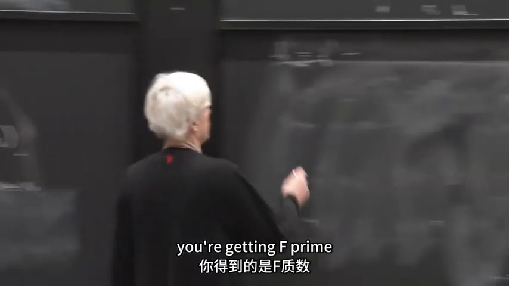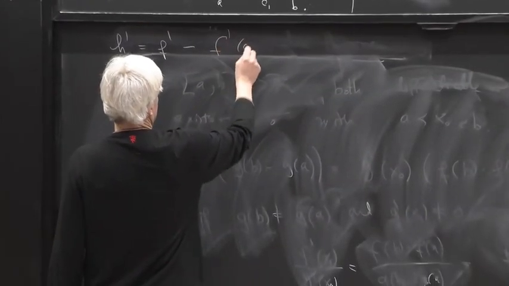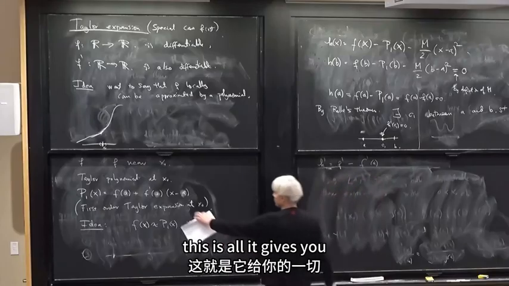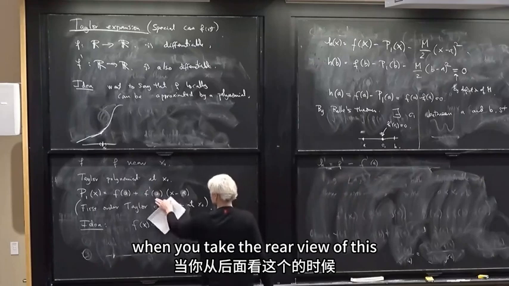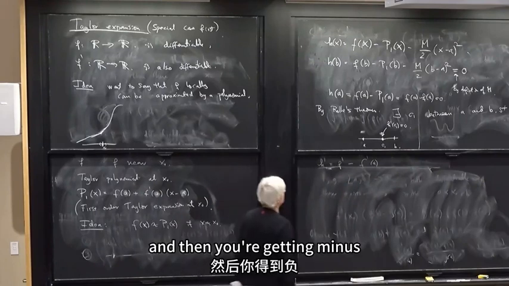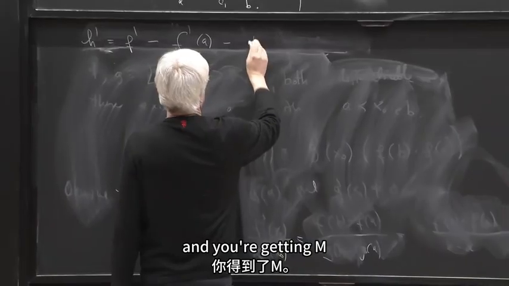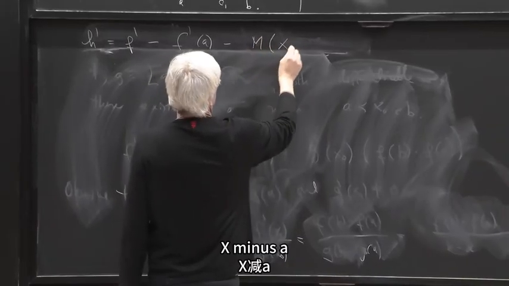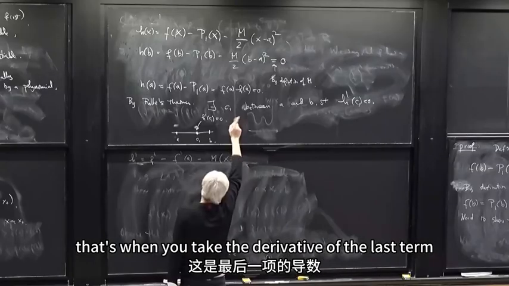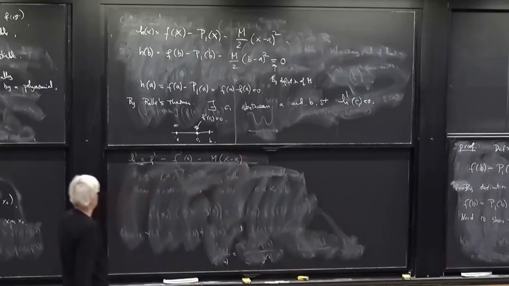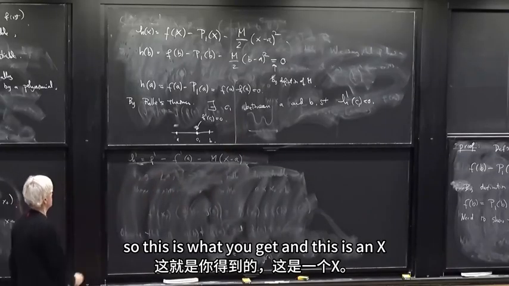You're getting f prime a, right? This is all it gives you when you take the derivative of this here. And then you're getting minus m x minus a. That's when you take the derivative of the last term. Okay? So this is what you get, and this here is at x.